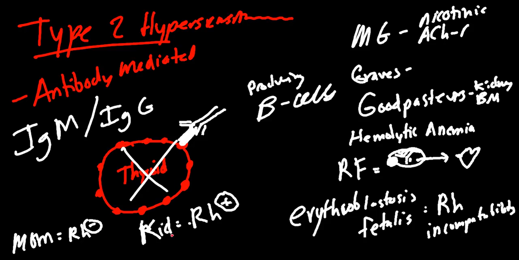So when a second kid comes along, the mother may already have antibodies against Rh factors. So during birth, you don't want to present this Rh factor again to a second Rh positive kid because the mother already has antibodies formed. So maybe I'll make a video on that because that wasn't very clear. However, just know that erythroblastosis fetalis is a type 2 hypersensitivity.